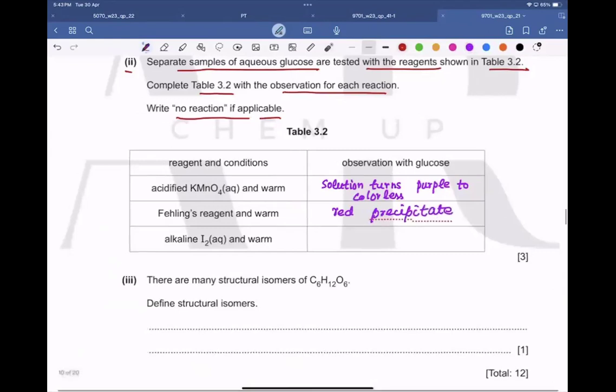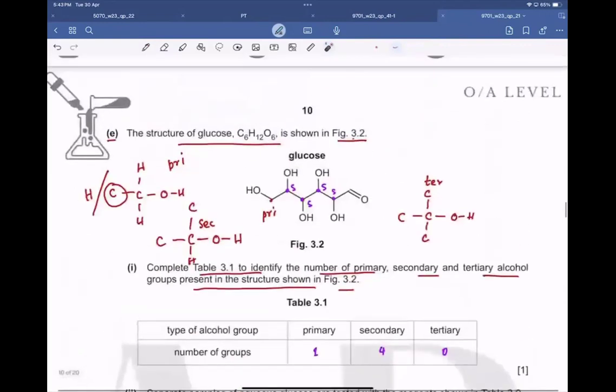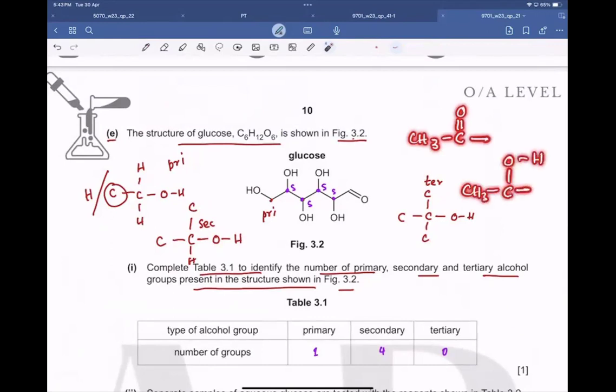And now with alkaline iodine and warm. Okay. So with the alkaline iodine, either this structure would be present in the compound, or if it's an alcohol, that alcohol must have this structure. So if you see in the whole compound, there is not a single CH3, right?